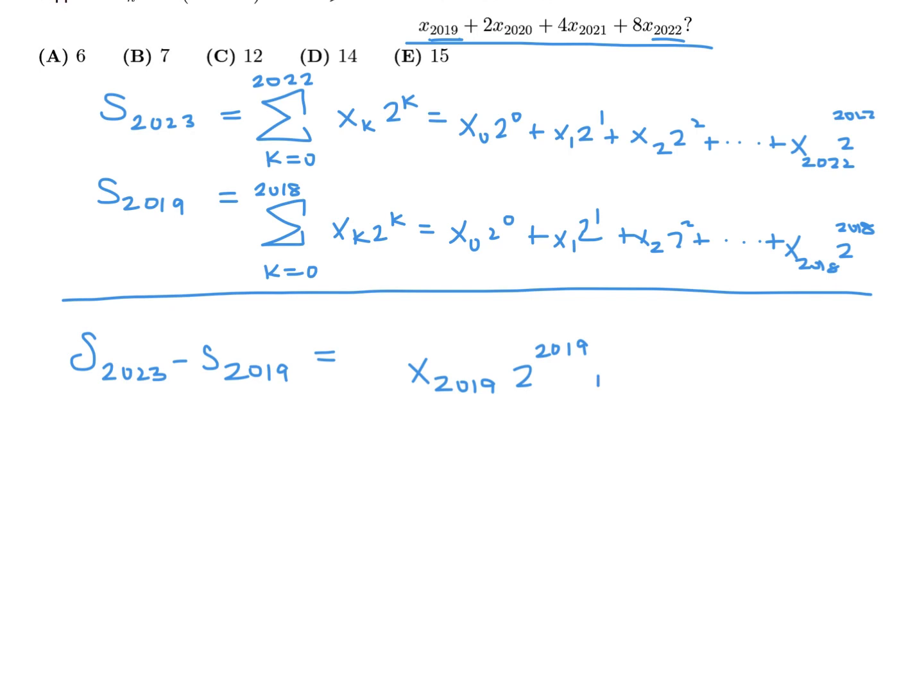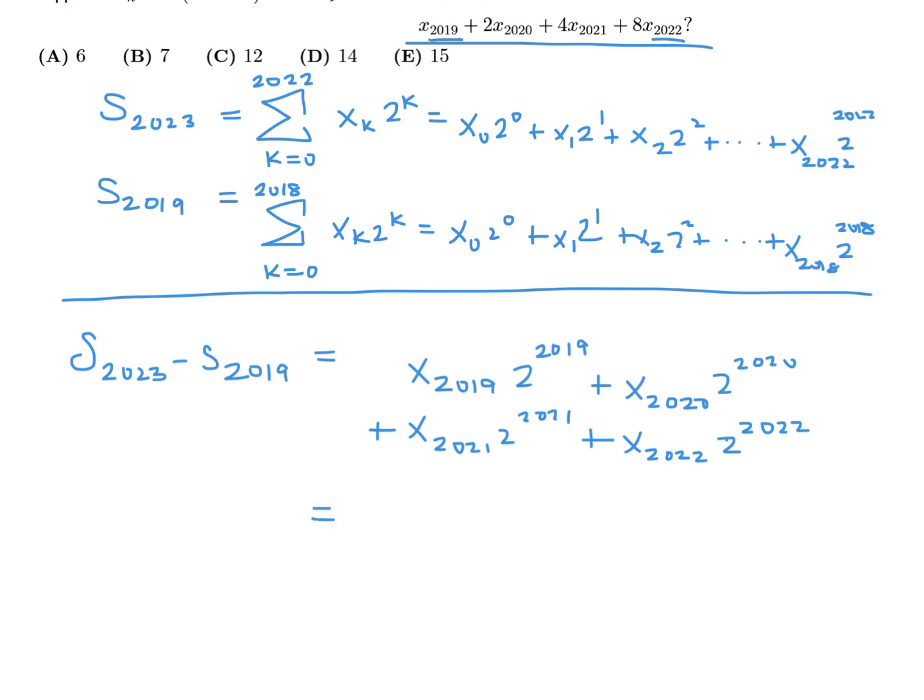And then we have x2020 times 2 to the power of 2020, and then x2021 times 2 to the power of 2021, and then x2022 times 2 to the power of 2022.